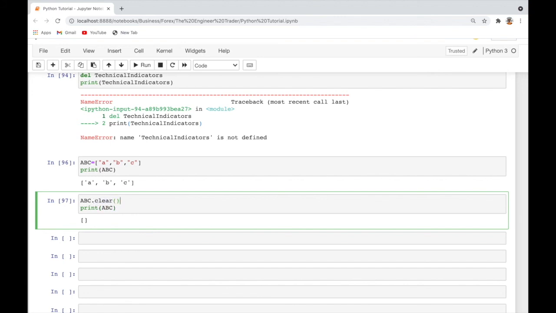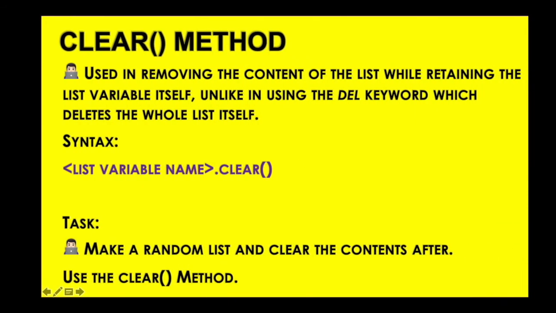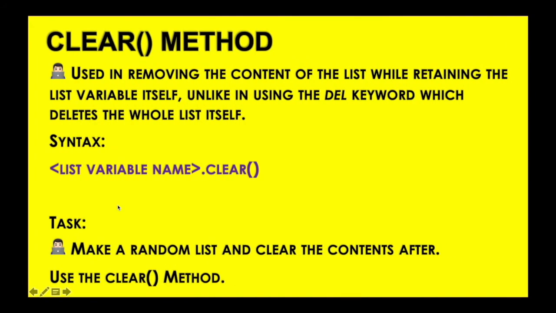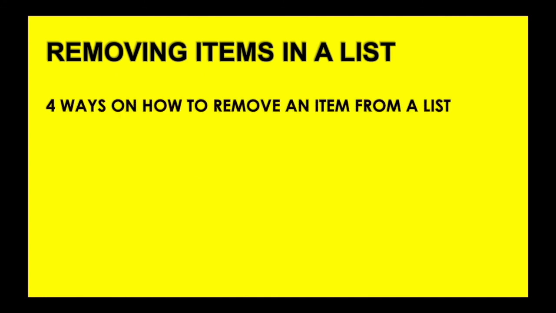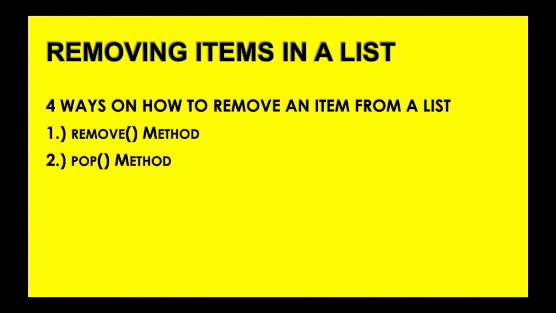Okay, so I hope you learned something from this video, my trader friends. Again, don't forget, in removing items in our list, we have 4 ways on how to remove an item. First, using the remove method. Second, the pop method, third the del keyword, and lastly, we have the clear method.